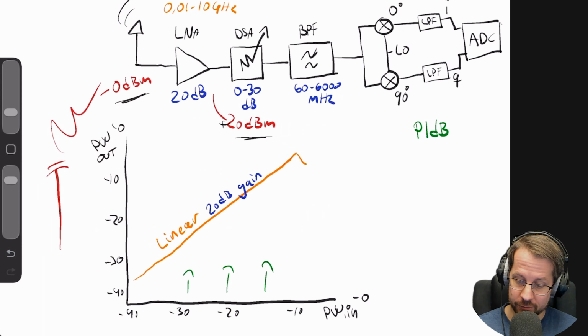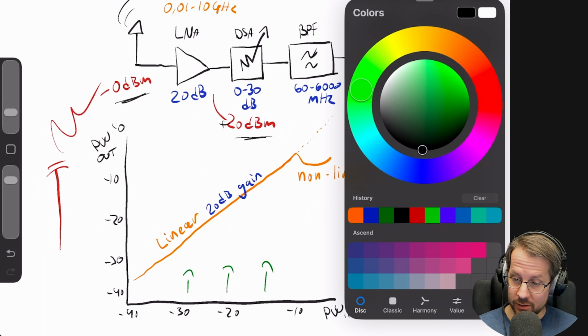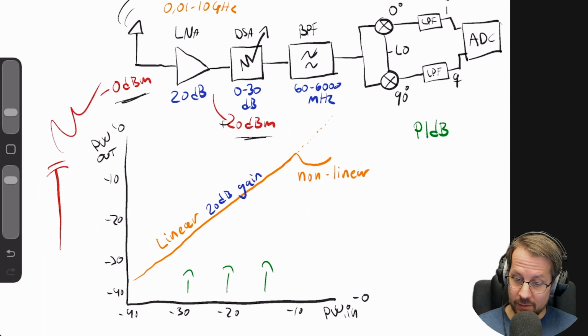It will start to drop off, and now it is non-linear. But the imaginary gain line is here. When you input too much power and the gain starts to drop by 1 dB away from its original gain value, this is 1 dB, that is the P1dB that you will find in the datasheet for your amplifier.